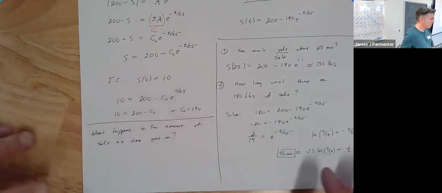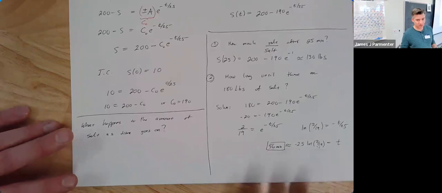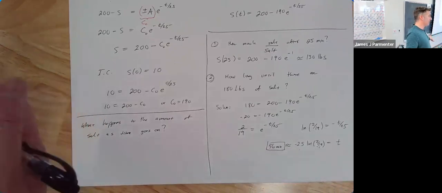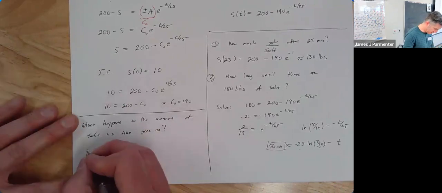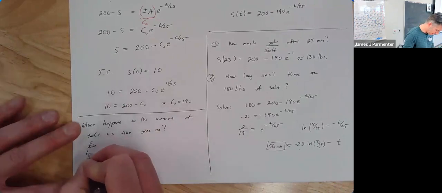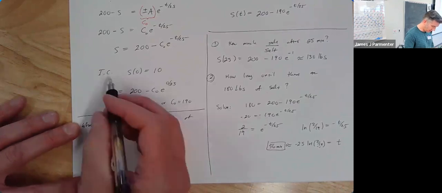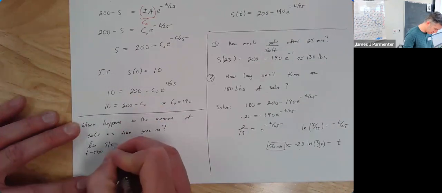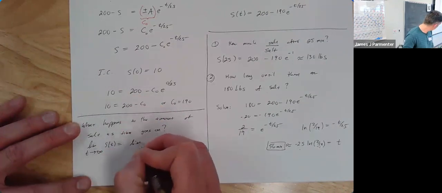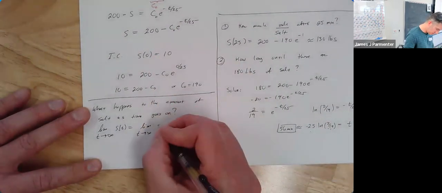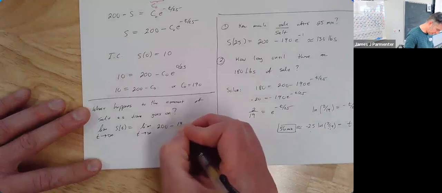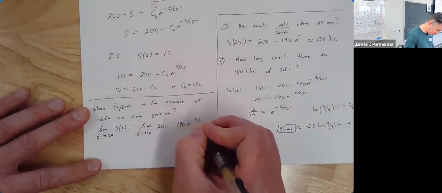In other words, when someone says what happens as you let time go on, they're really asking you to take the limit as time goes to infinity. So if we find the limit as time goes to infinity of our S of t, that's going to be the limit of 200 minus 190 e to the negative t over 25.